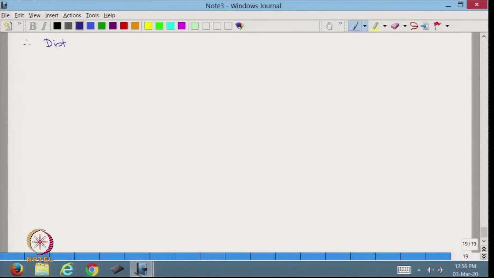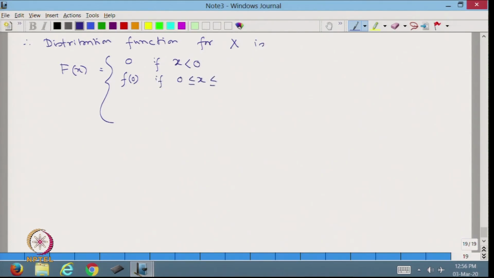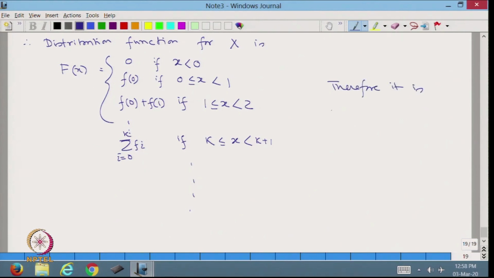Therefore, the distribution function for X is F(x) equal to 0 if x is less than 0, f_0 if 0 is less than or equal to x less than 1, f_0 plus f_1 if 1 is less than or equal to x less than 2, and the sum of f_i for i equal to 0 to k if k is less than or equal to x less than k plus 1, like that. Therefore, it is a step function.